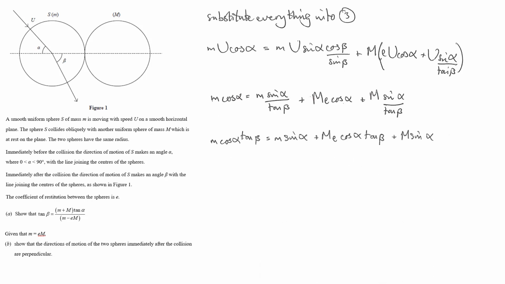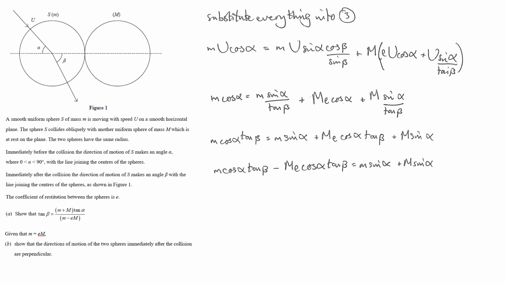So what did I do there? I multiplied through by tan beta to get it all on one line. Okay, so the tan betas in the denominator get cancelled. And then I moved that term with cos alpha tan beta over to the left-hand side of the equals.